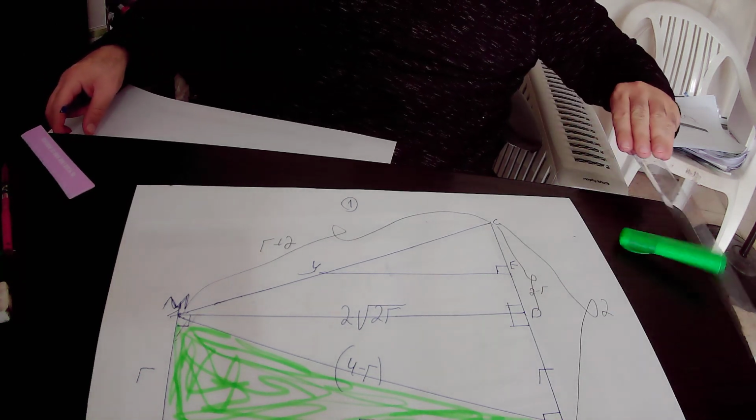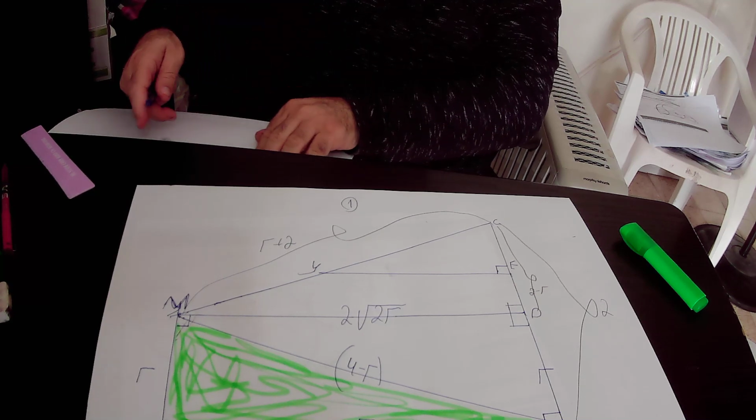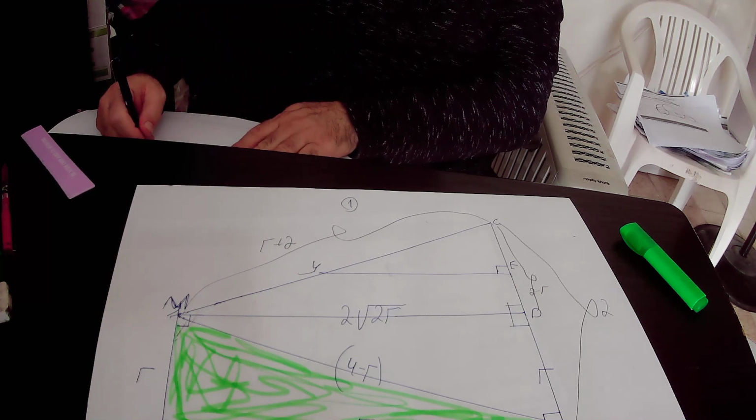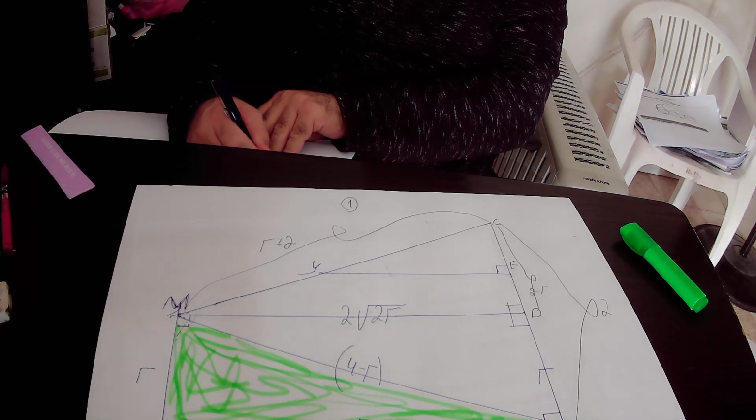So MO square will be equal to (4 minus r) square.